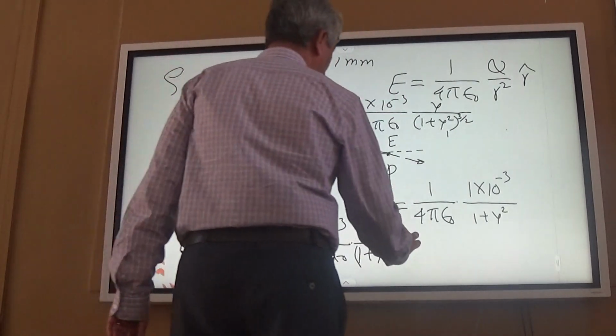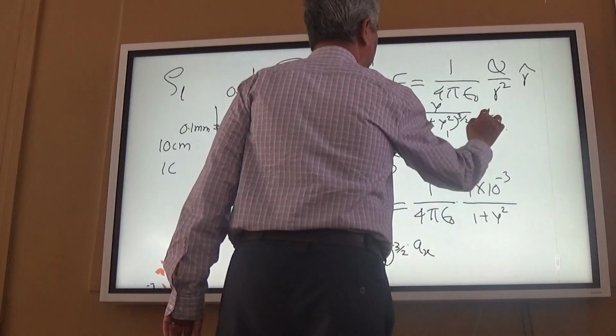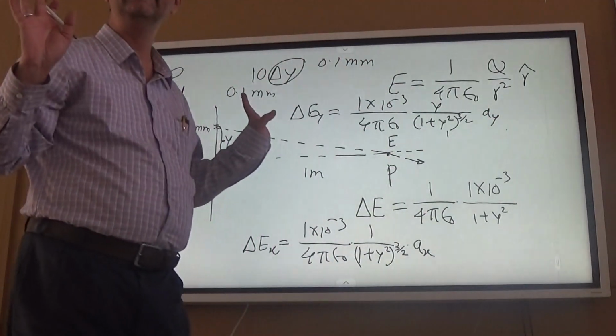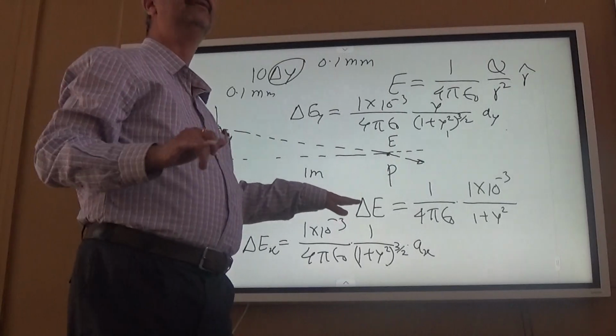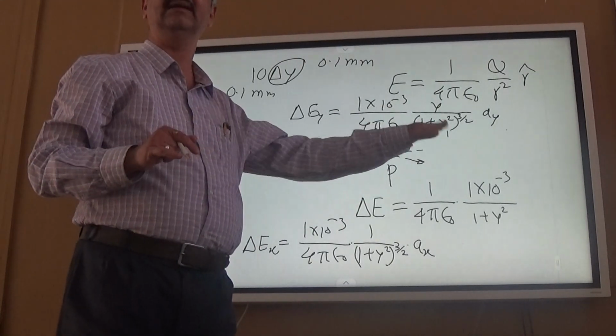And this into obviously ax and ay. Is it okay? So delta E is delta Ex ax plus delta Ey ay.